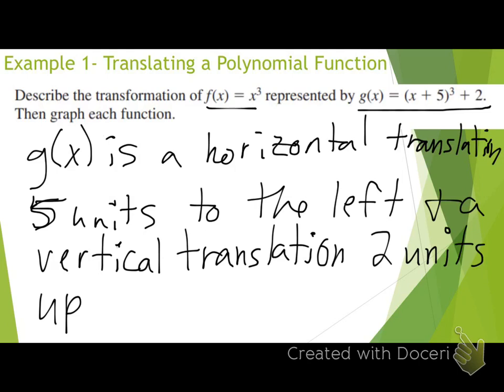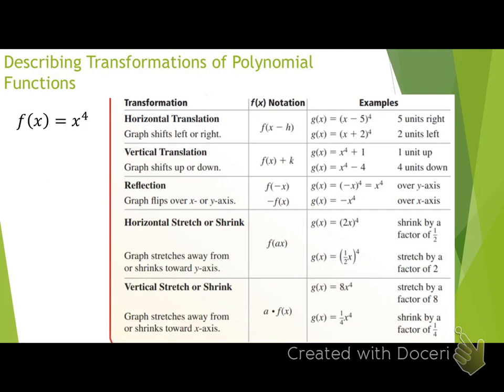Everyone okay with that? Does everyone still understand why it's 5 units to the left and not to the right? Because it's f of x minus h. 5 units to the left is negative 5. But if I plug negative 5 in here, x minus negative 5 turns into x plus 5. It's going to be the opposite.